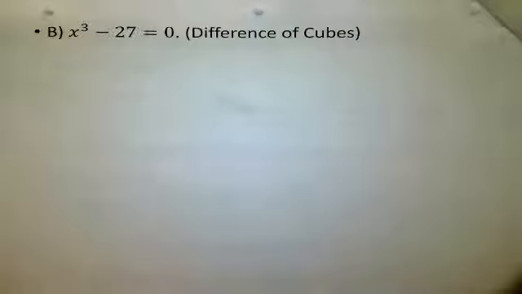All right. This one's a fun one. X cubed minus 27. Oh, you're doing that formula. Yeah, I decided to do this one because it's just a good refresher of, oh, this is difference of cubes. Do you remember how to factor difference or sum of cubes? Yes.